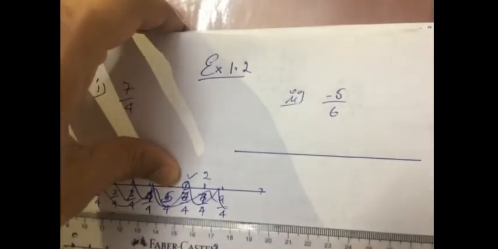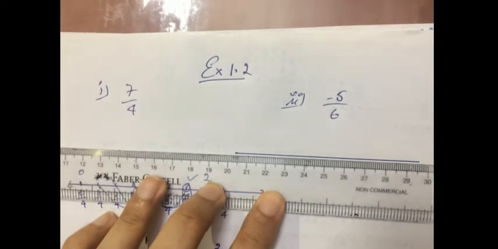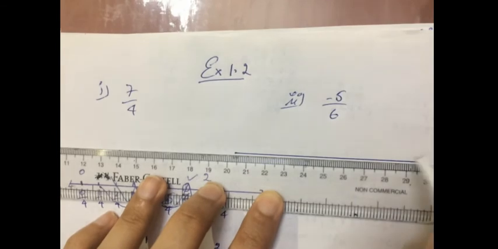Now coming to minus 5 by 6. Again we will show this number on a number line. This is a negative rational number, so it will be towards the left side of the number line.